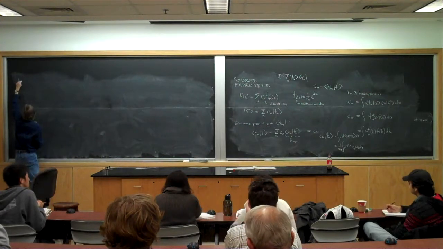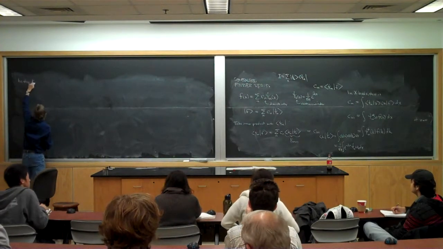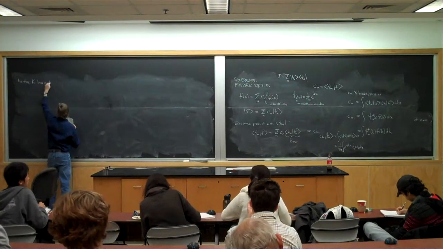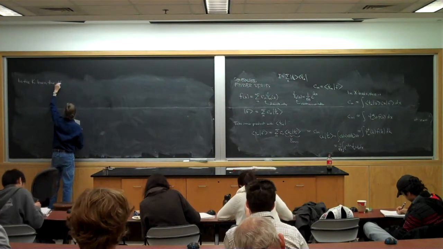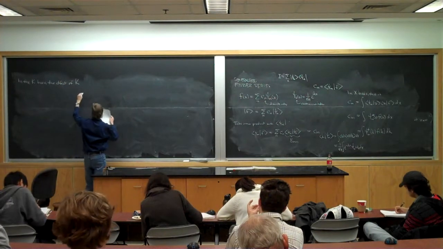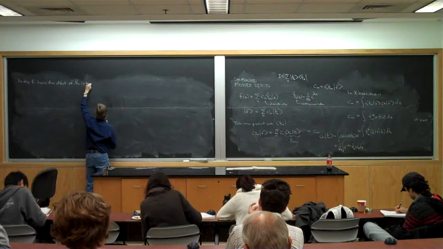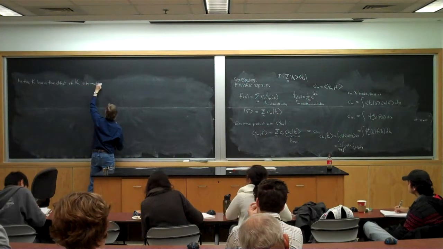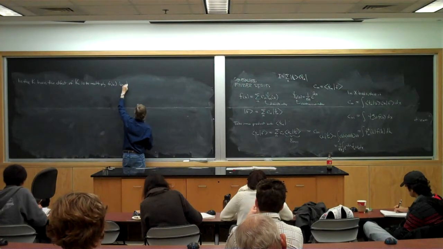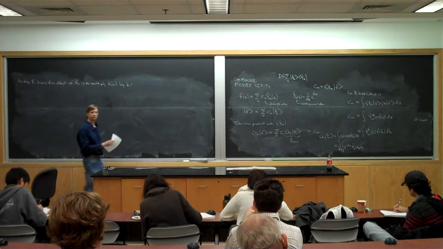Here's something else. In the k basis, the effect of the k operator is to multiply f of k by k.